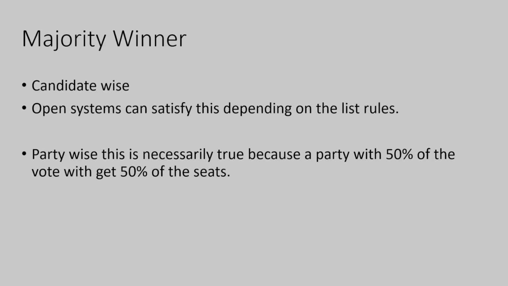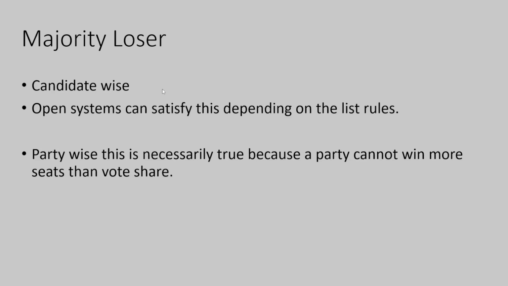So by definition, if a candidate has a majority of the votes, they will be at the top of the list. There is some, again, specificity depending on the list system, but this is generally true. Party-wise, a party that has more than 50% of the vote is obviously going to get more than 50% of the seats. That's just by definition.